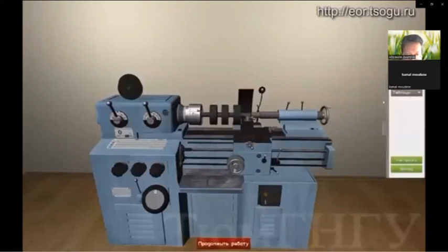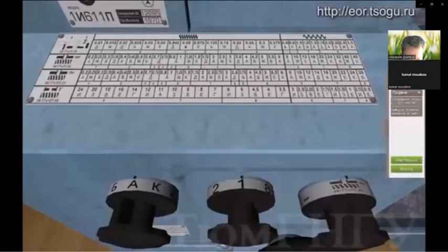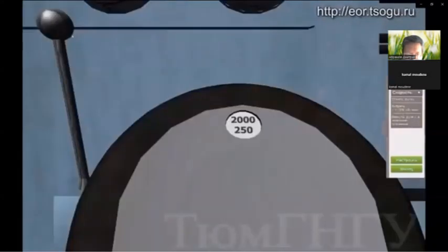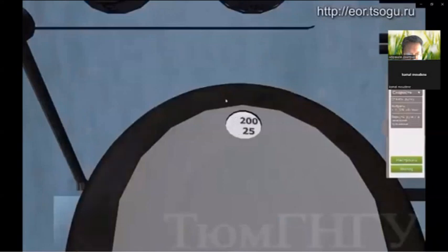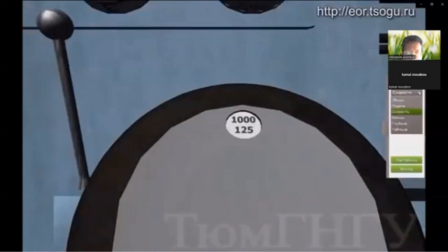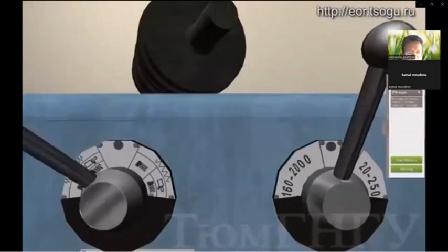We load the mandrel into the chuck. These are the parameters of the cutting process.